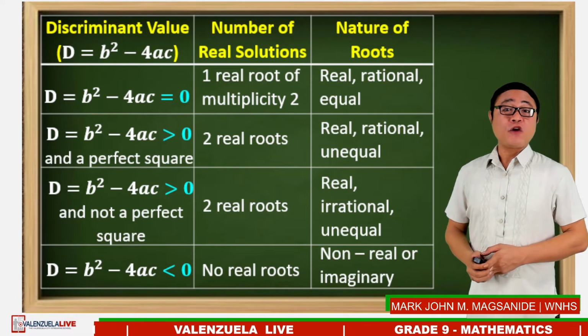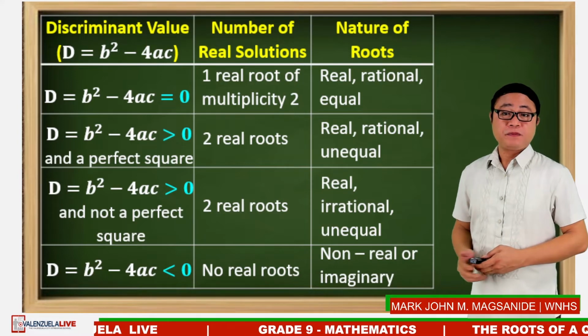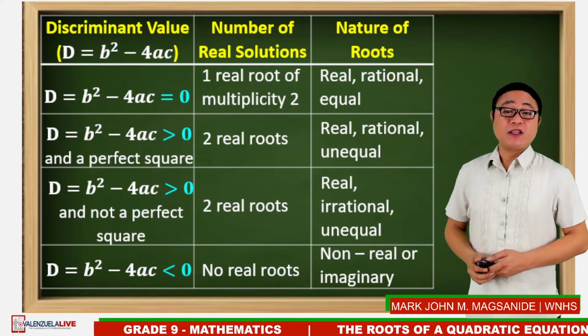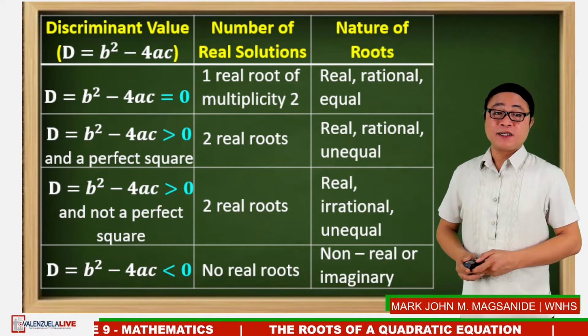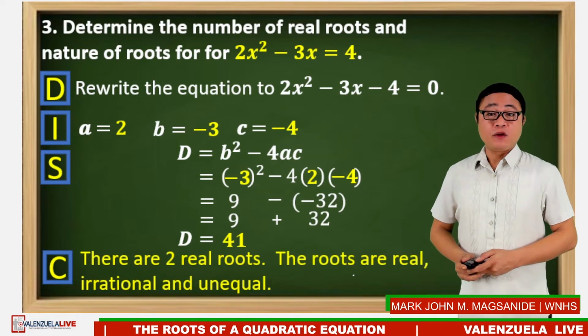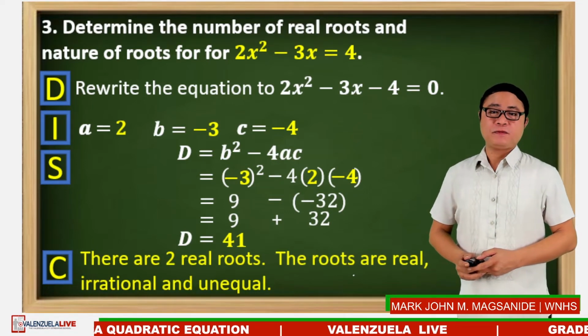Thus, look for the value of discriminant that is a positive non-perfect square. And that is in the third row. Going back to the example for our final answer, there are two real roots, and the roots are real, irrational, and unequal.